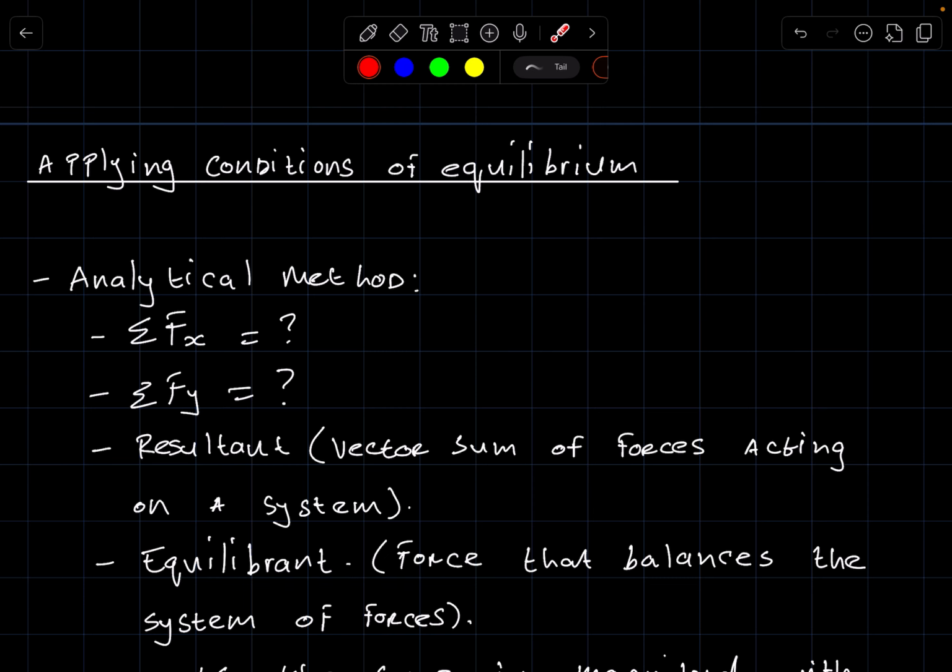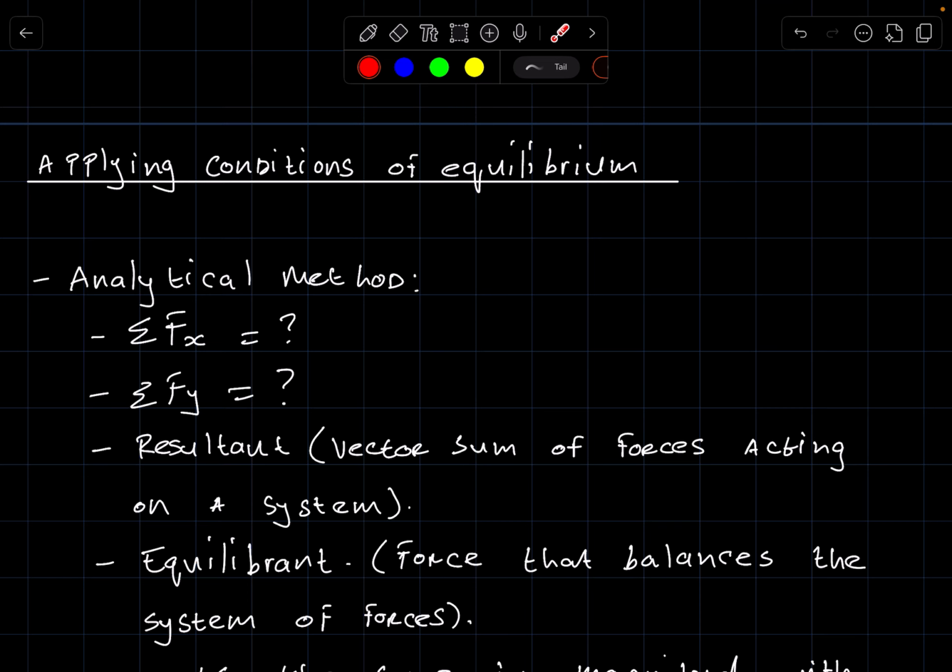So here you say the sum of forces in the x direction, you add up all the forces in the x direction, and you get whatever answer. Similarly, with the sum of forces in the y direction, you add the forces that are parallel with the y-axis.